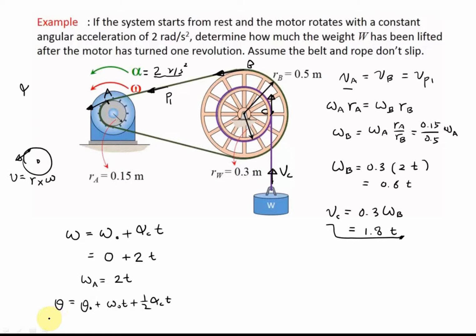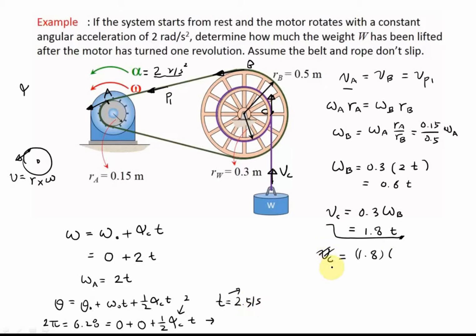One revolution is 2 pi, which is about 6.28 radians, with zero initial angular position, zero initial angular velocity, and one half alpha, where alpha is 2, times time t squared. From here, we can compute how long it took for the small motor to turn one revolution. The time is 2.51 seconds.